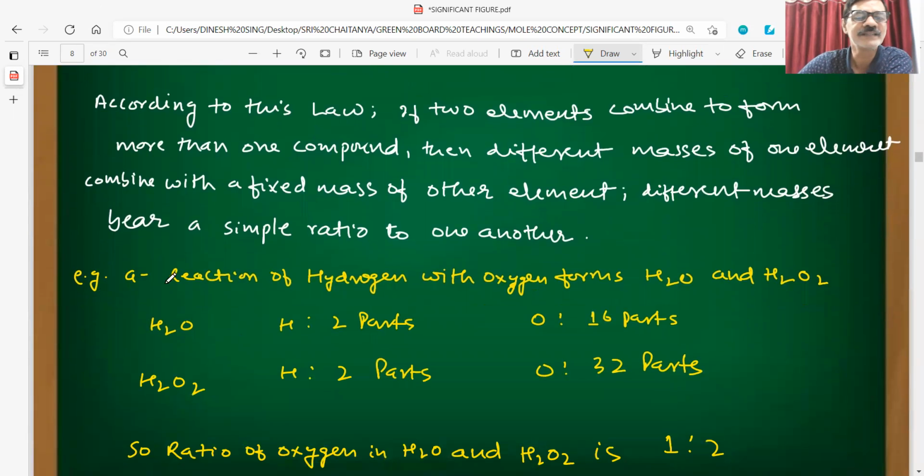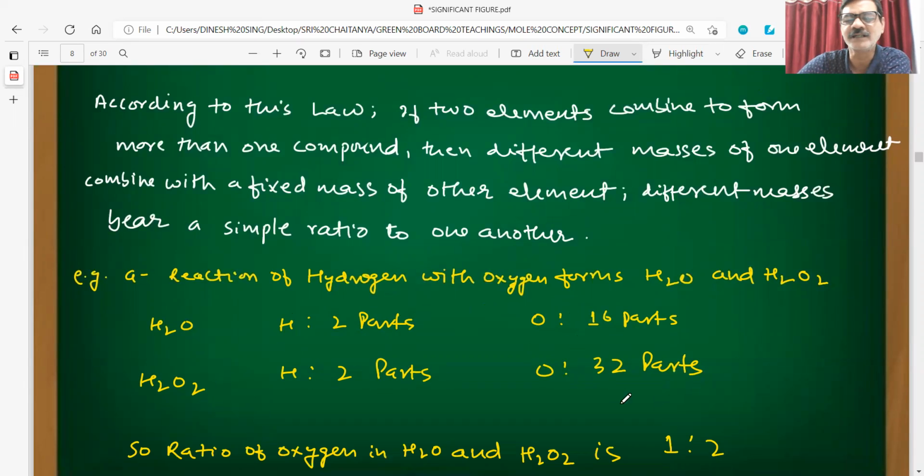For example, first example, reaction of hydrogen with oxygen. It forms 2 different compounds, H2O and H2O2, hydrogen peroxide. In H2O, the parts of hydrogen is constant, that is 2 parts. In H2O2 also 2 parts. So the mass of hydrogen is fixed here, but the mass of oxygen is varying. With 2 parts of hydrogen, 16 parts of oxygen are reacting.